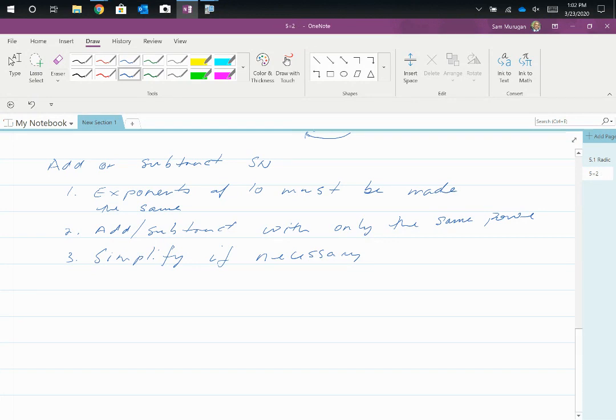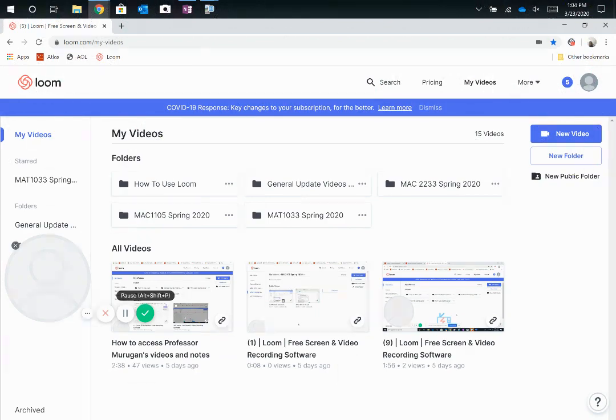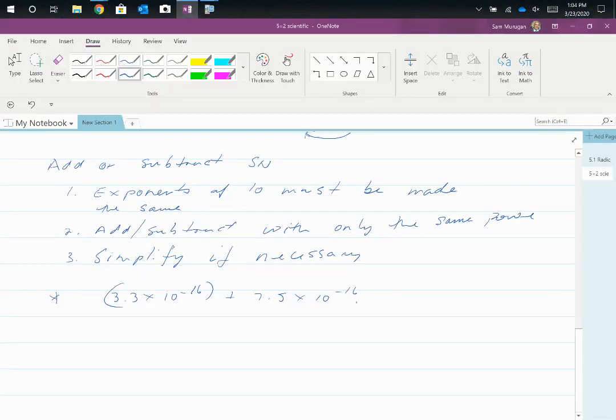So let's look at a few examples here. If I'm asked to add 3.3 times 10 to the power negative 16 plus 7.5 times 10 to the power negative 16, since the powers are already the same, all I would need to do is add the numbers 3.3 plus 7.5 and keep the same power negative 16.